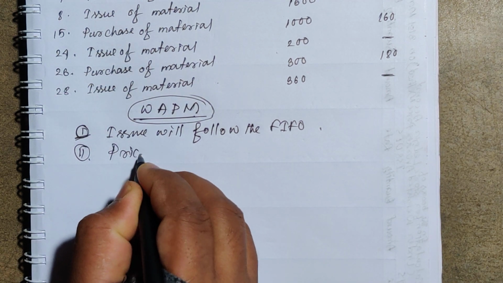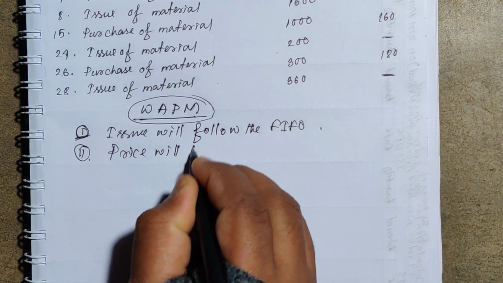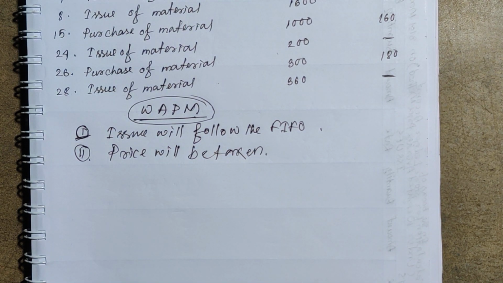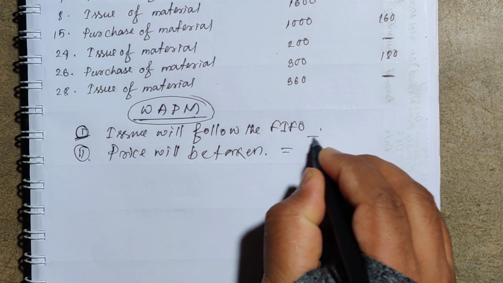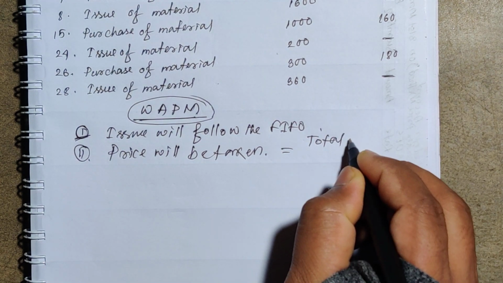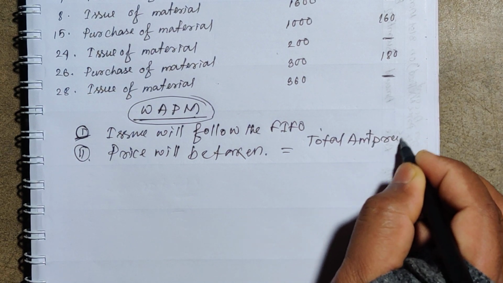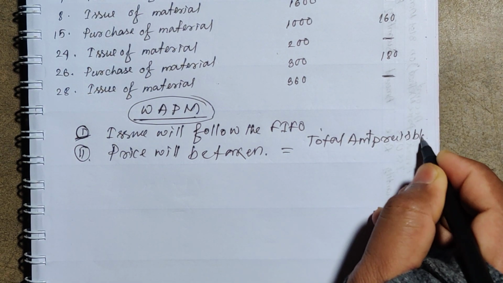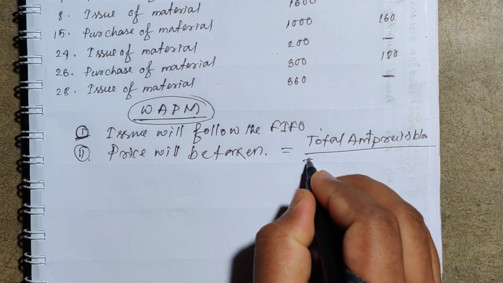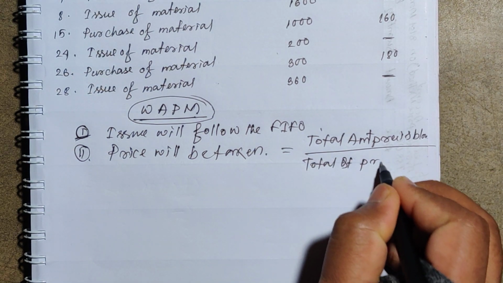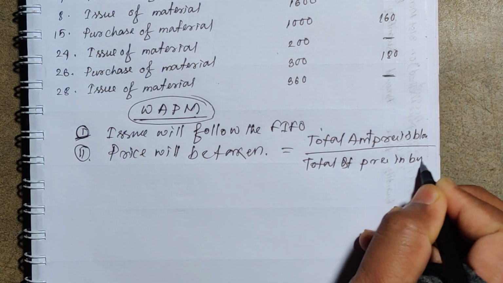Price will be taken as the value of total amount present in balance divided by total quantity present in balance.